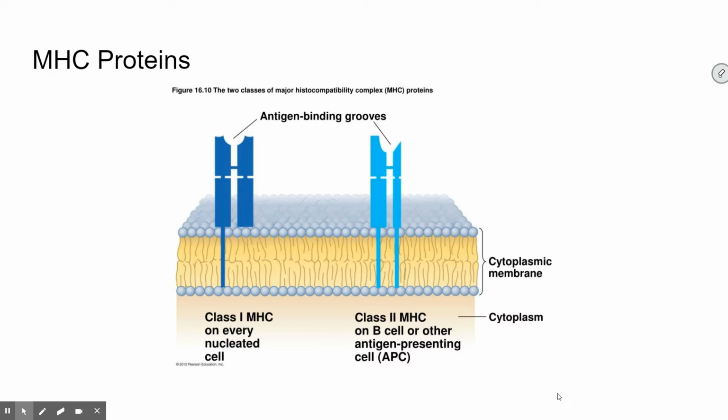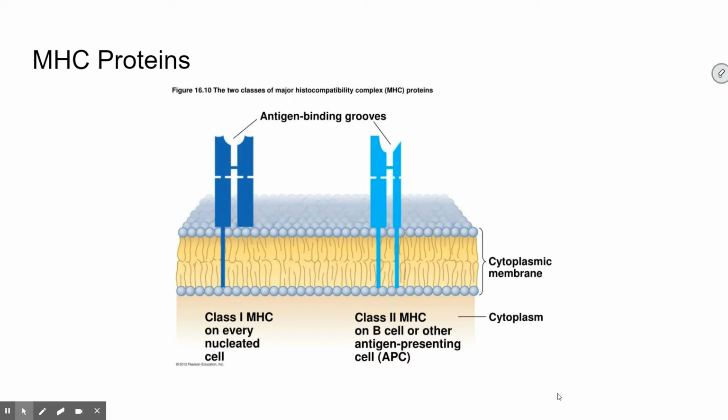And so this presentation, we've talked about antigen presenting cells. Every cell, in one sense, can present an antigen. Some of them are specifically designed to do that, but every cell does it depending on the type of cell. All right, so class 1 MHC: every single nucleated cell, so things like red blood cells wouldn't have this, but every nucleated cell is going to have class 1 MHCs.